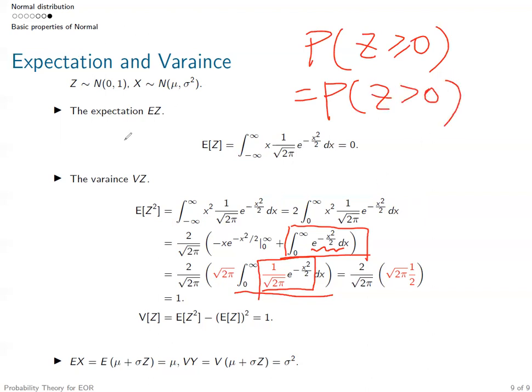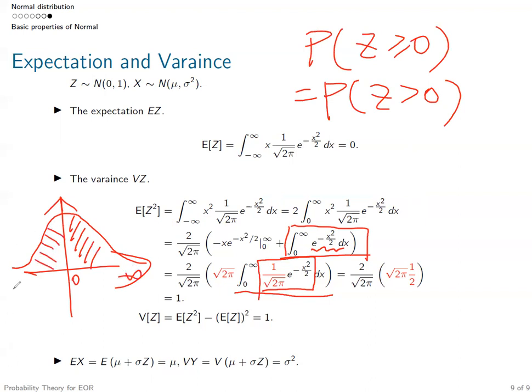Recall that we have a very symmetric bell-shaped density, right? So the area from 0 to infinity is exactly equal to the area from negative infinity to 0. And we know the total area under the PDF is equal to 1.